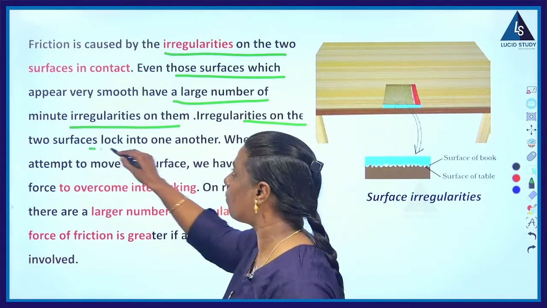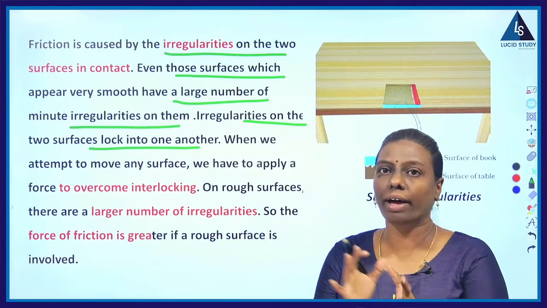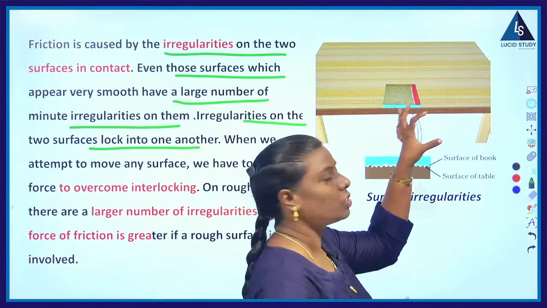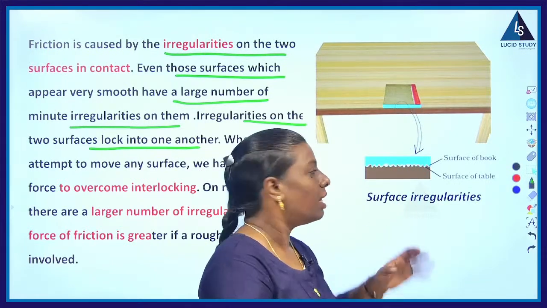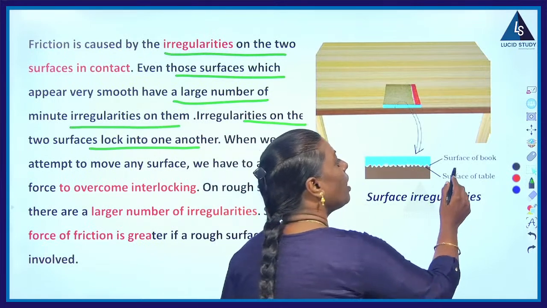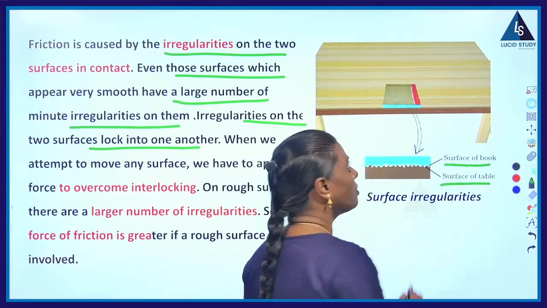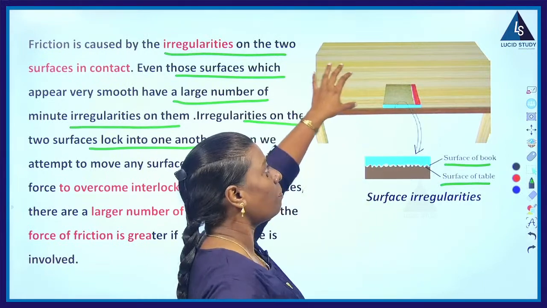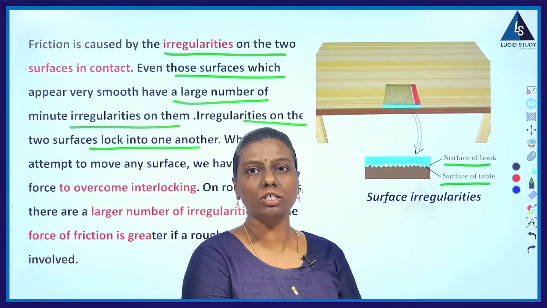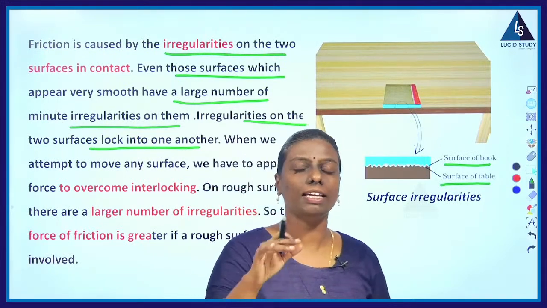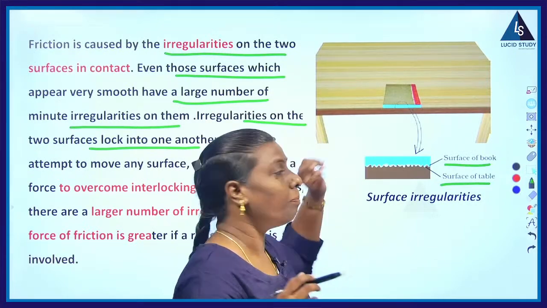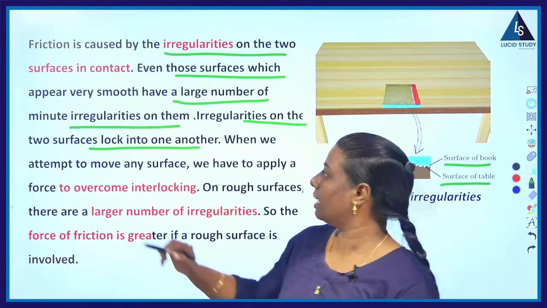Irregularities on the two surfaces lock into one another, that is, the two surfaces interlock with one another. If you take the surface of the book and the surface of the table, they appear smooth to us. But friction is developed by the locking of the irregularities.